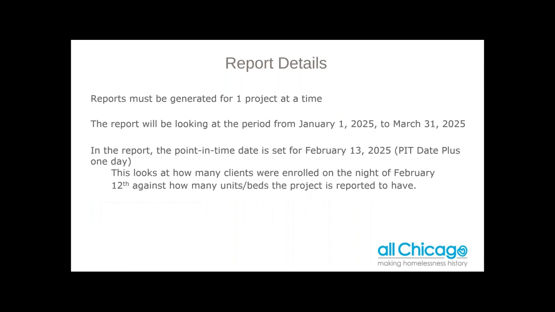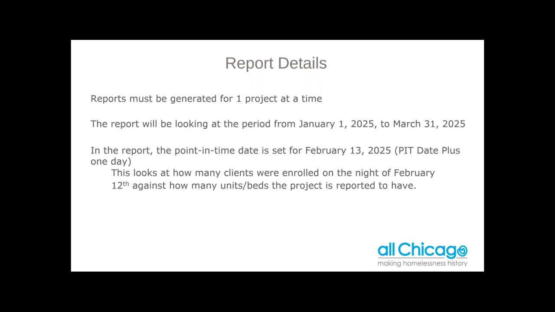Okay, so report details. This is really just focused on how you're going to be running the report in Business Objects. The reports must be generated for one project at a time. The report in Business Objects itself would allow you to add as many projects as you like to the parameters, but for submission purposes, only one project per report is submitted.